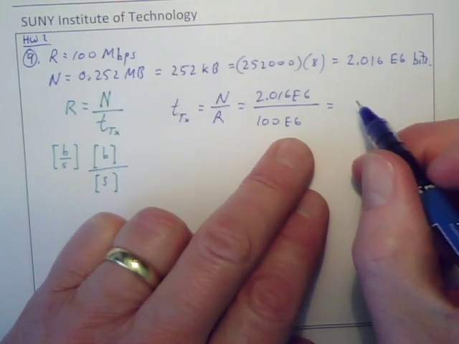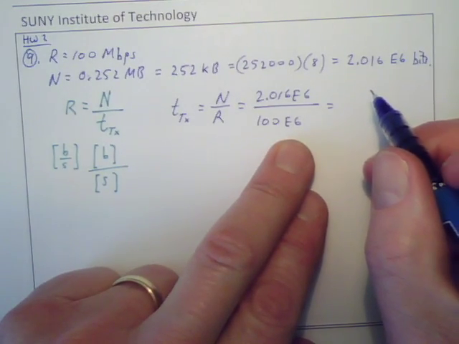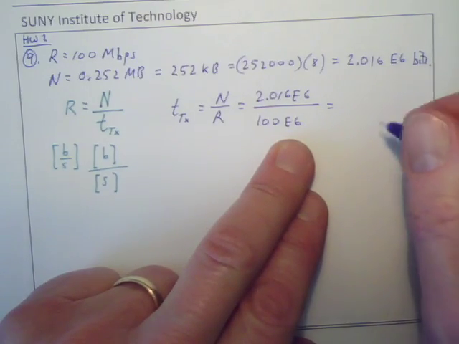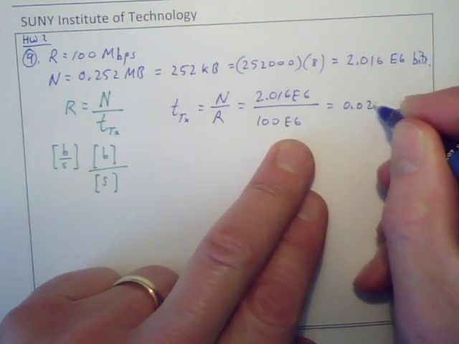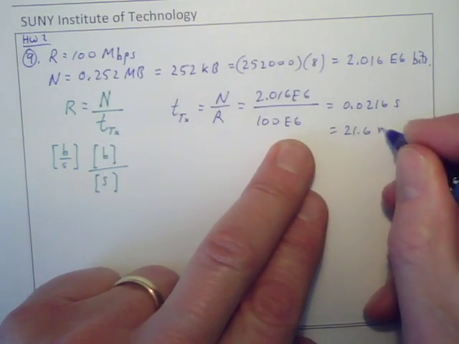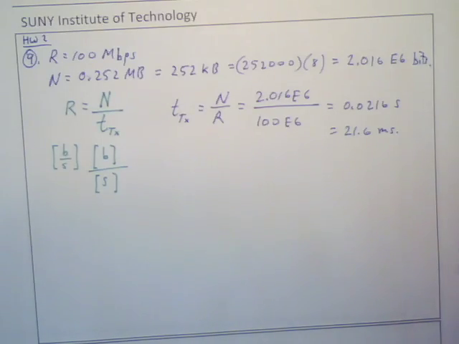The e to the 6th is canceled. So it's about 1/50th of a second, or 0.0216 seconds, or 21.6 milliseconds. Yeah, about 20 milliseconds there. So that's how long it takes to actually transmit that file, to actually spit it out.